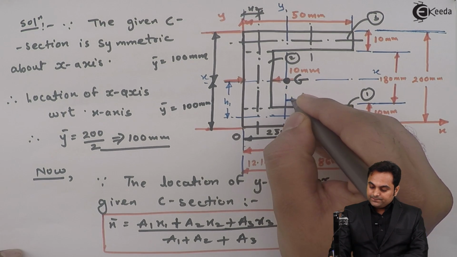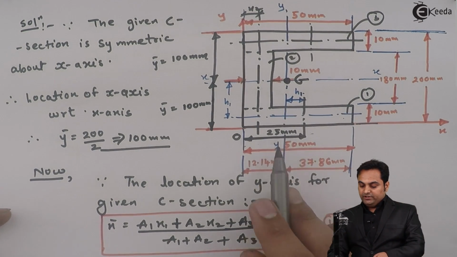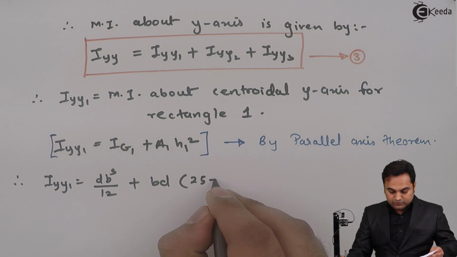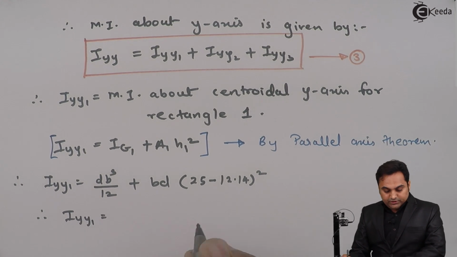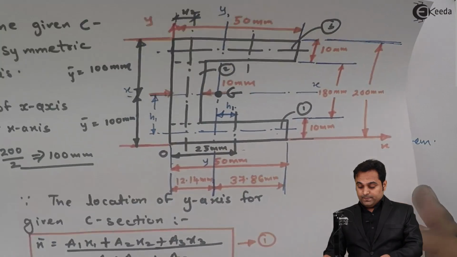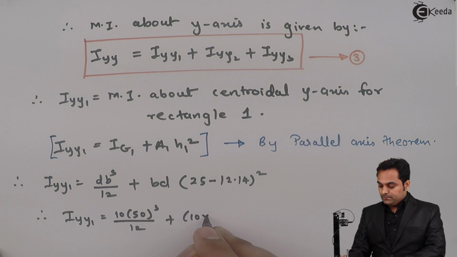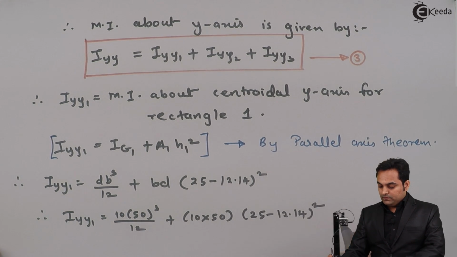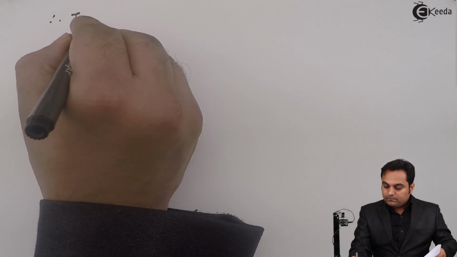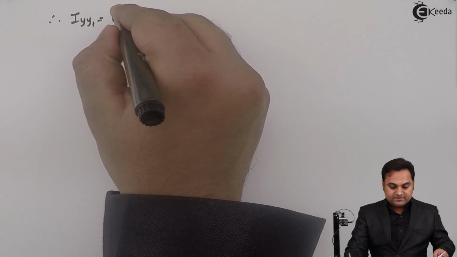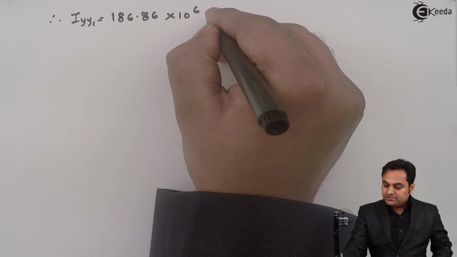So this distance is h1, 25 minus 12.14 square. Here D and B for rectangle number 1: D is 10, B is 50. So Iyy1 comes out to be 186.86 into 10 raised to 6 mm raised to 4.